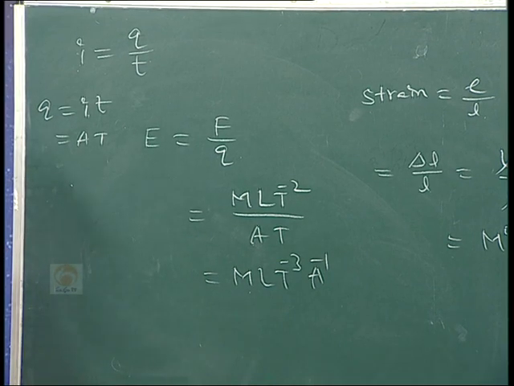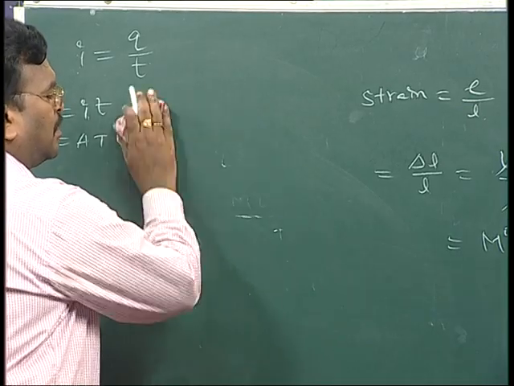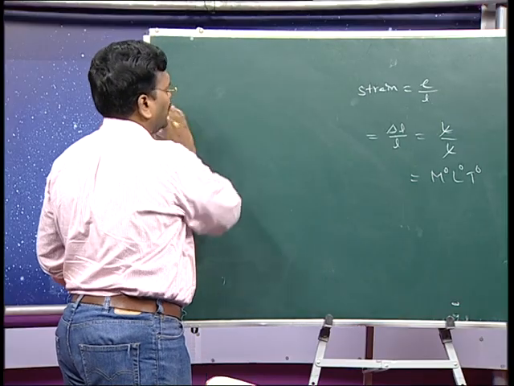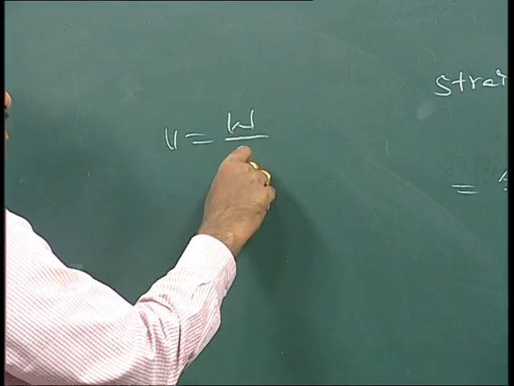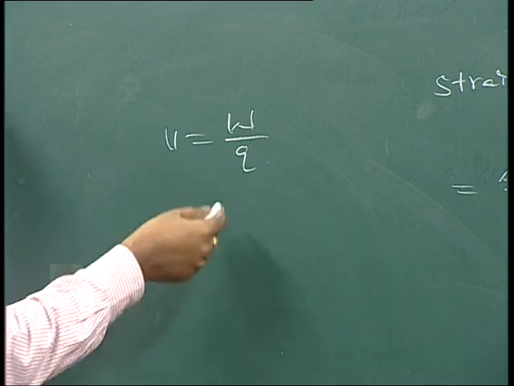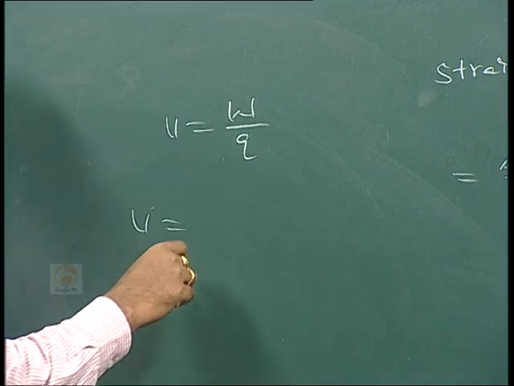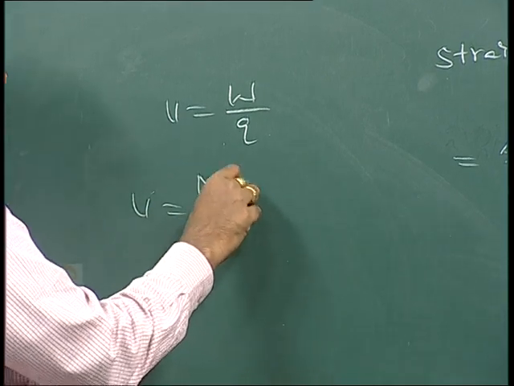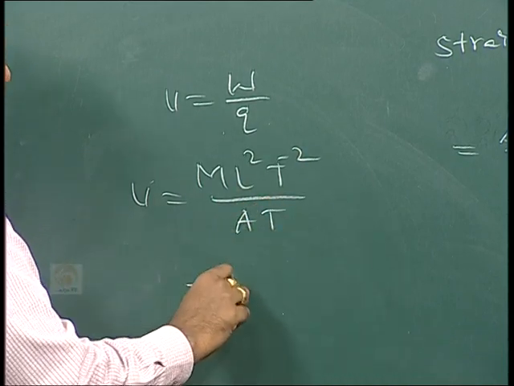And also in the field, at each and every point we have potential. Now potential, V is equal to W by Q. What is potential? Work done in bringing unit positive charge from infinity to the point. You know that. Now W, work done, means force into displacement, so ML²T⁻². Charge is A into T. So what we are getting now?